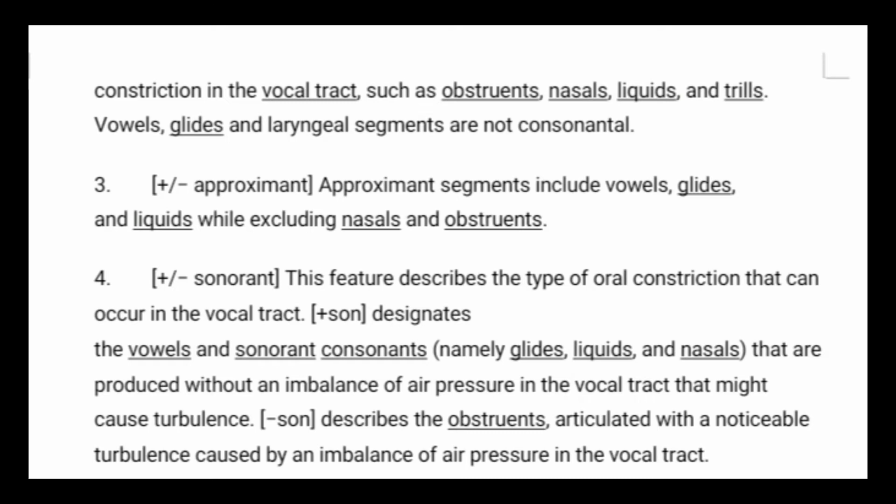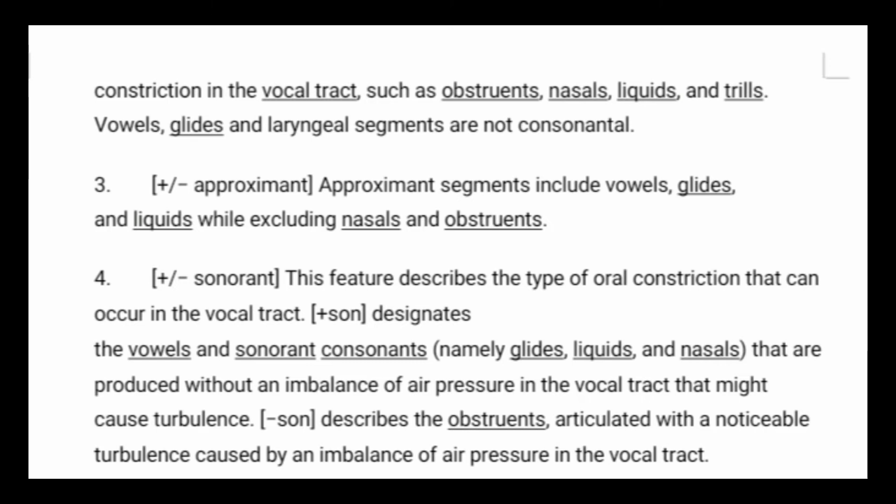3. Approximant, positive and negative approximant. Approximant segments include vowels, glides, and liquids, while excluding nasals and obstruents. 4. Positive and negative sonorant. These features describe the type of oral constriction that can occur in the vocal tract.